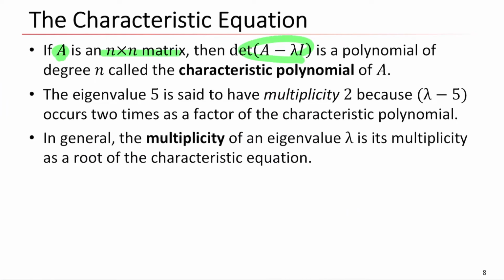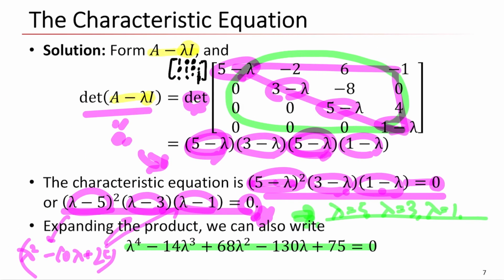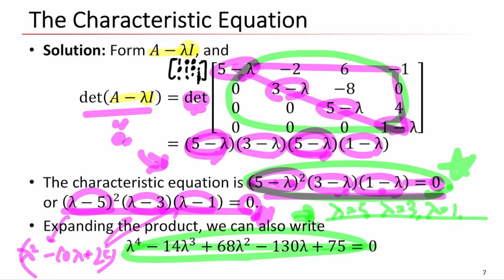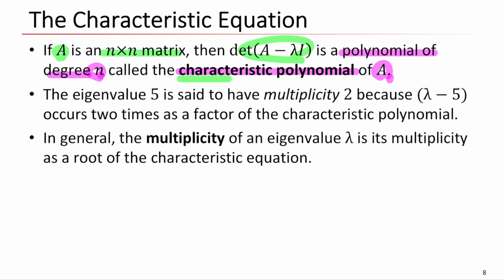The determinant of A minus lambda I is a polynomial of degree n, which is called the characteristic polynomial of the matrix A. So this is the characteristic equation, and if we expand this, we can say that this is the characteristic polynomial of matrix A. Okay, so this is the same thing, right?